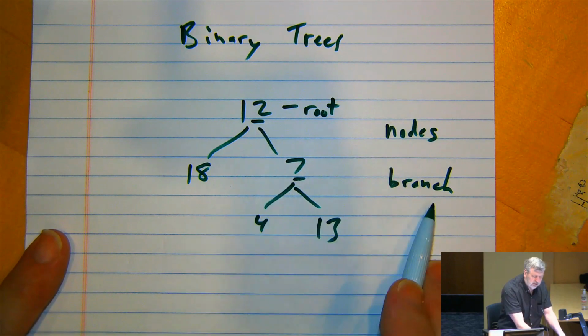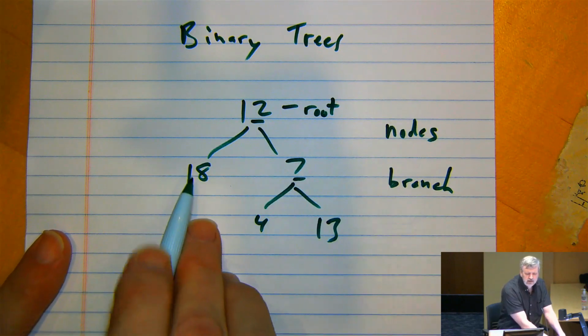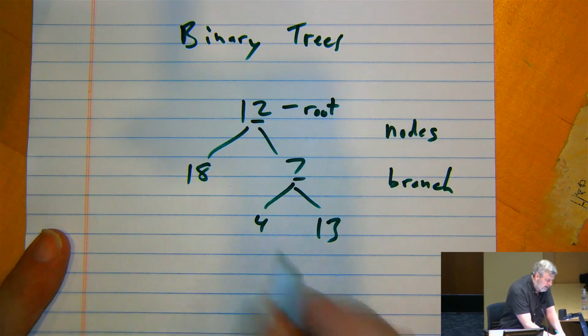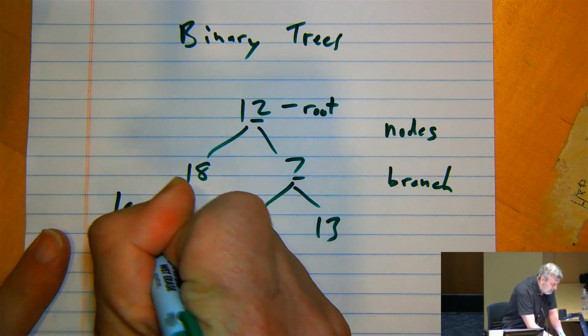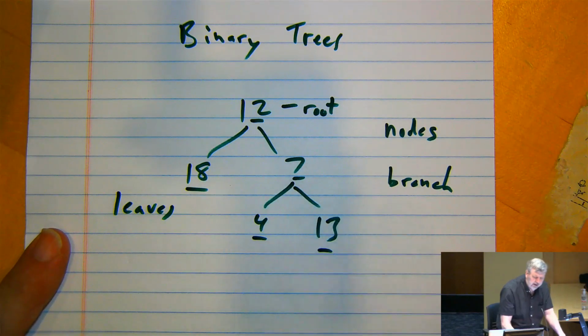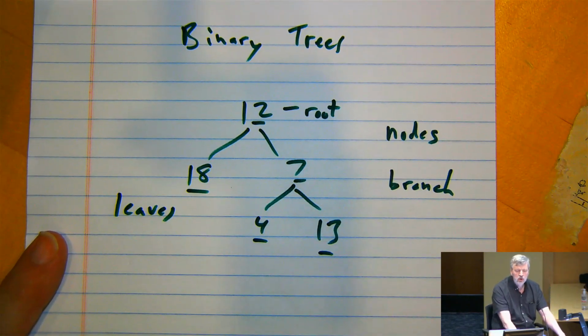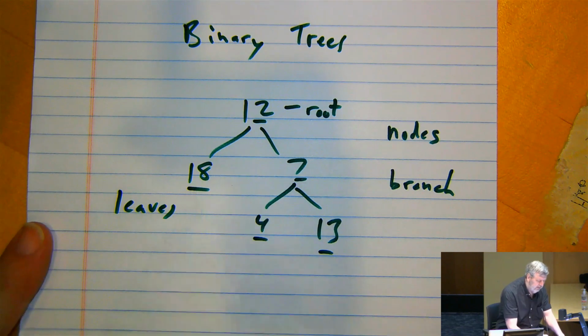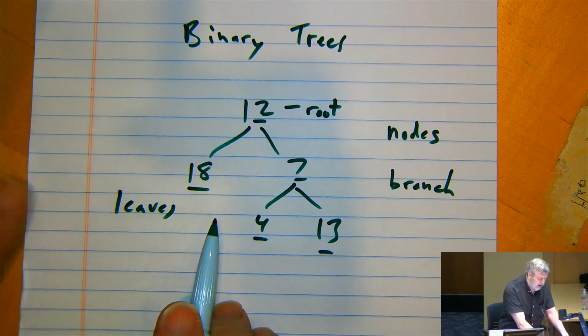And then what's at the very ends of the branches, the tips of the branches on a tree, we refer to as leaves. So this node here, this one here, and this one here, we would refer to as leaf nodes because they don't have any branching underneath them. They're the end of the tree, the tip of the tree there.